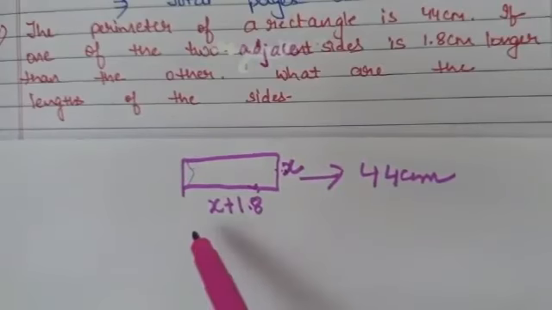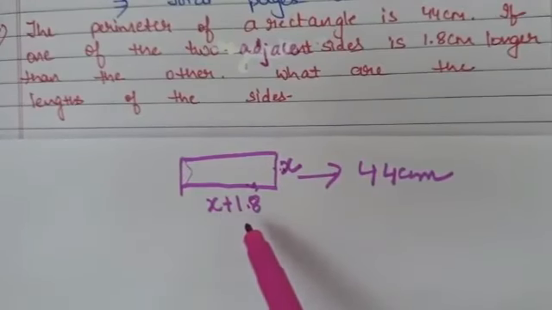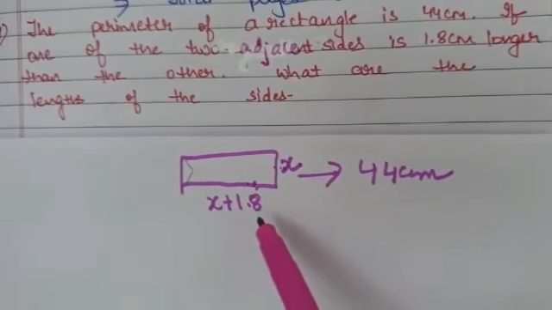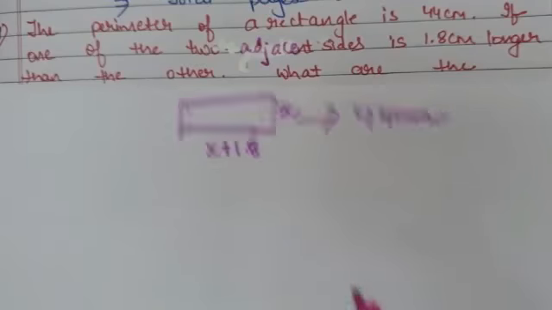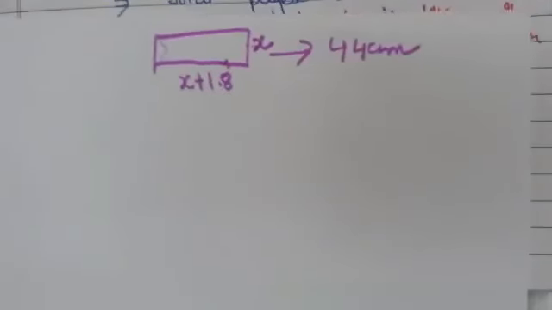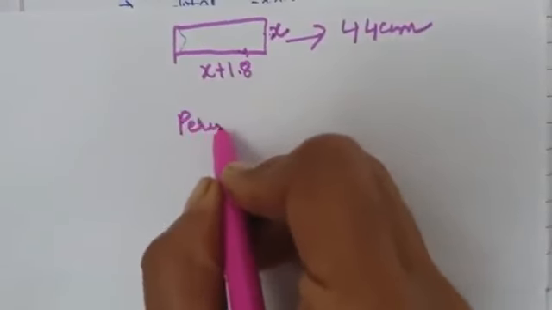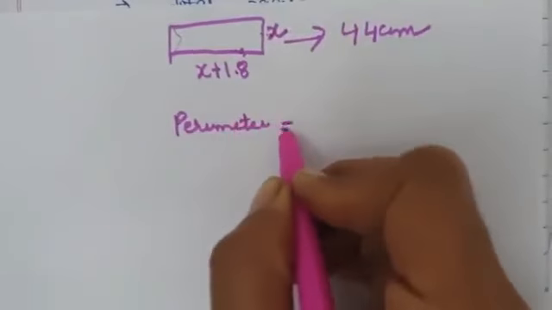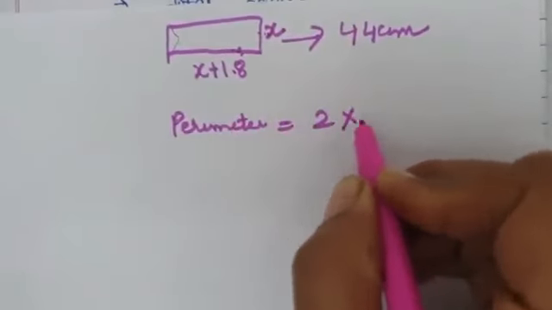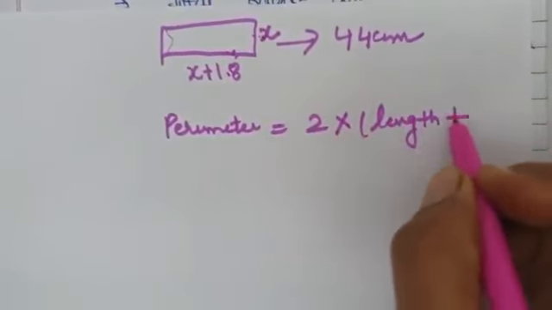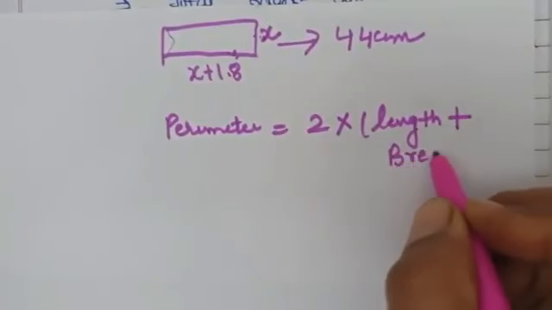Because one side is greater than the other side by 1.8 centimeter. So now the perimeter is 44 centimeter. The perimeter formula of a rectangle, that is what? 2 multiplied by length plus breadth.